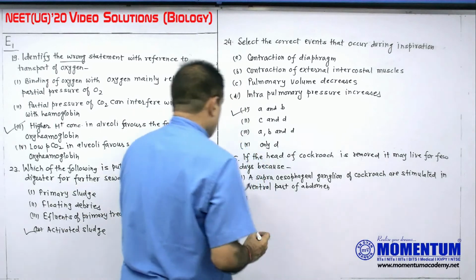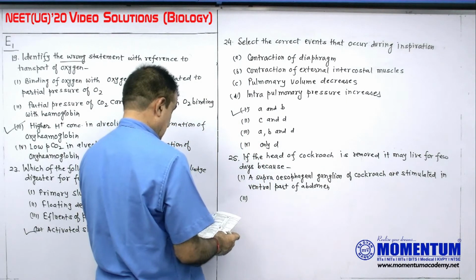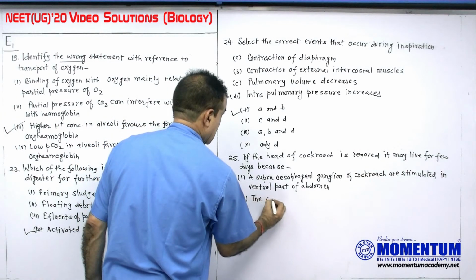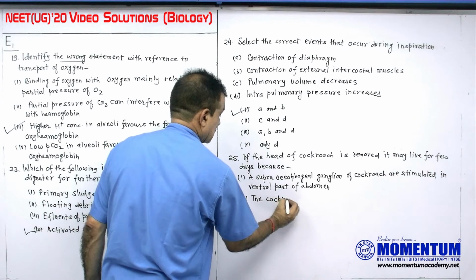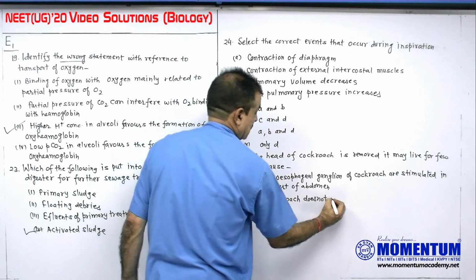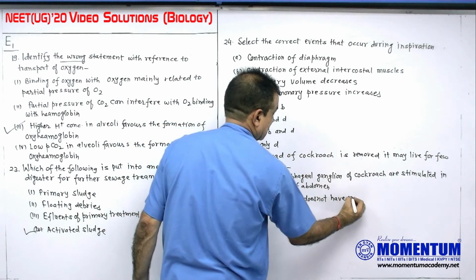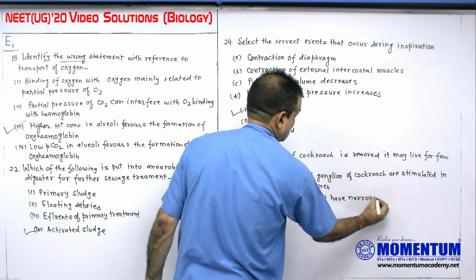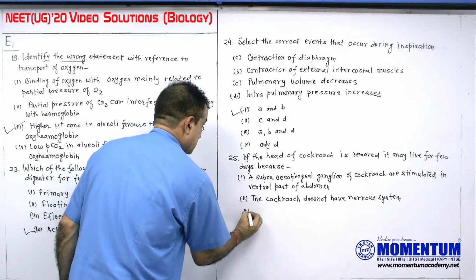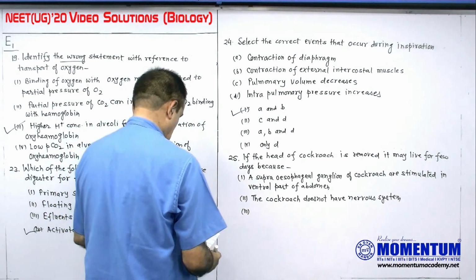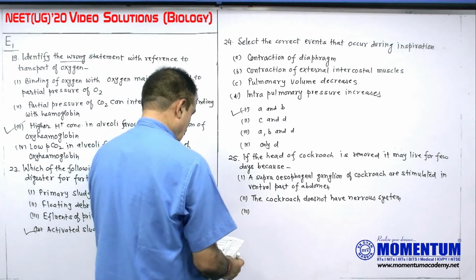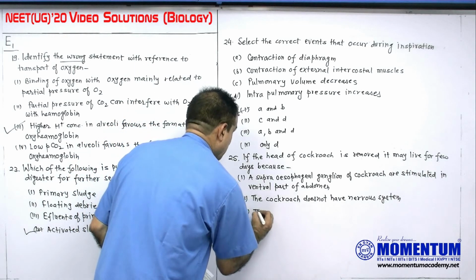So then the answer, number 2, the cockroach does not have a nervous system.